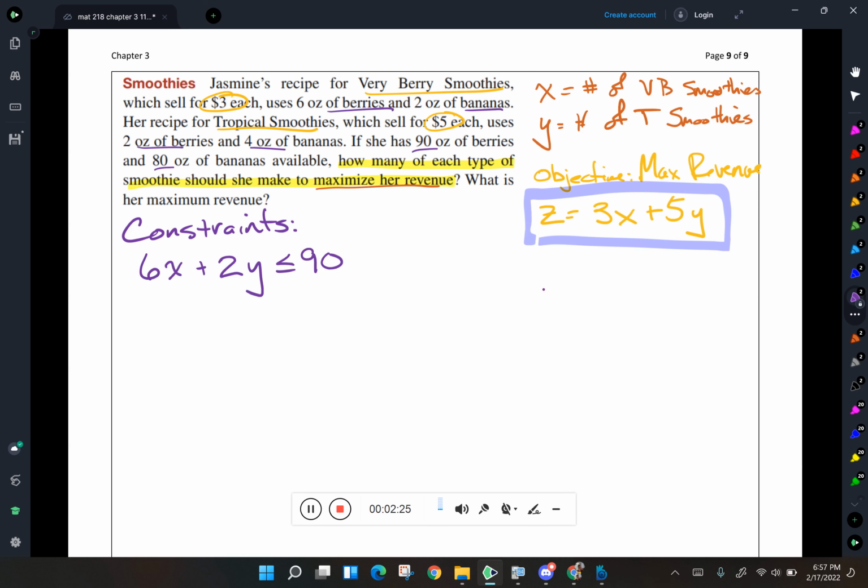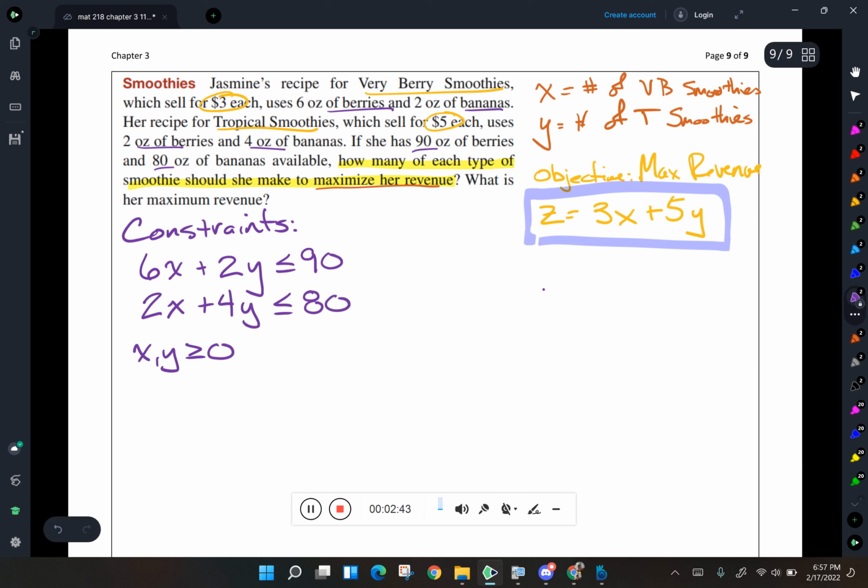Using the same logic for bananas, a very berry uses 2 ounces of bananas, and a tropical uses 4 ounces of bananas, and I cannot exceed the 80 ounces that I have on hand. Again, these make sense here.